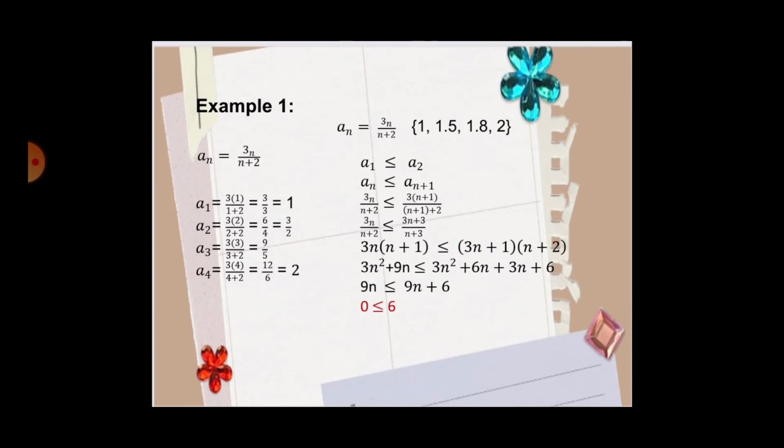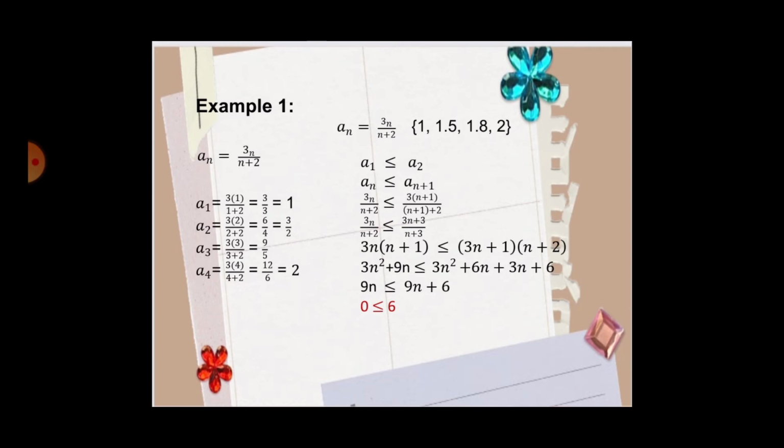a sub 1 is less than or equal to a sub 2. a sub n is less than or equal to a sub n plus 1. 3n over n plus 2 is less than or equal to 3 times n plus 1 over n plus 1 plus 2. 3n over n plus 2 is less than or equal to 3n plus 3 over n plus 3. 3n times n plus 3 is less than or equal to 3n plus 3 times n plus 2.